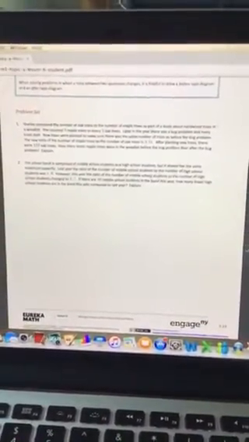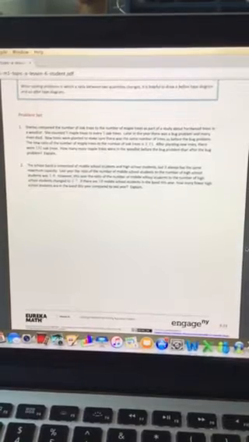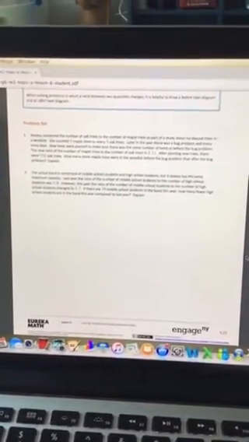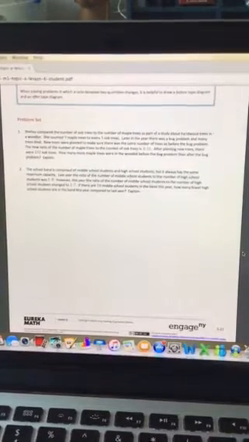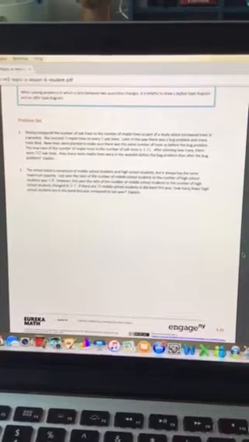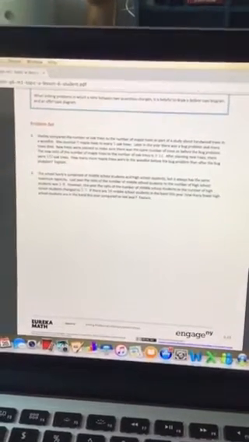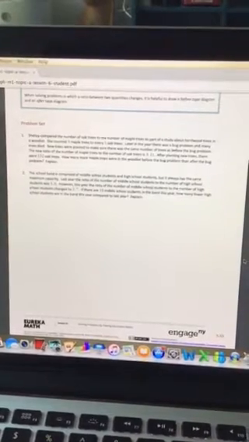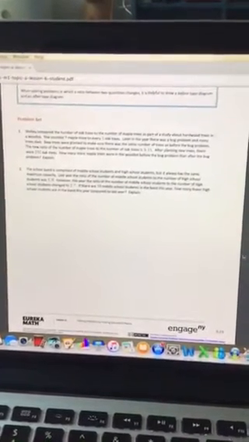Going back to the text, it says, later in the year, there was a bug problem and many trees died. New trees were planted to make sure there was the same number of trees. So there's going to be the same number of trees as before the bug problem, but there's a new ratio, okay? The new ratio of the number of maple trees to the number of oak trees is 3 to 11.